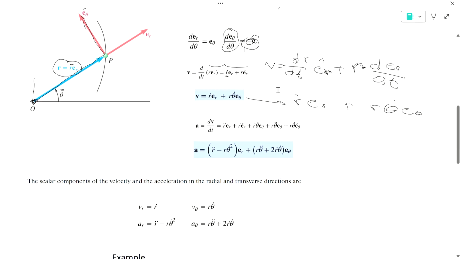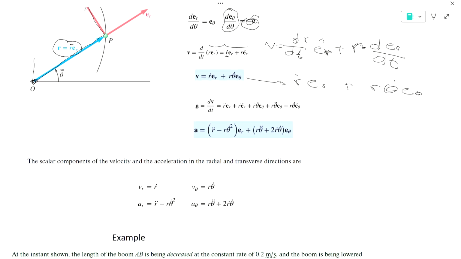All right, so if you want to find the acceleration, it's even more complicated because you want to derive this guy, dv/dt. So it's going to be this and that and the chain rule of that. So it's 1, 2, 3, 4. It's going to be four expressions that need to be derived. So it's basically the derivative of this guy, r dot, or r double dot times e_r, right?